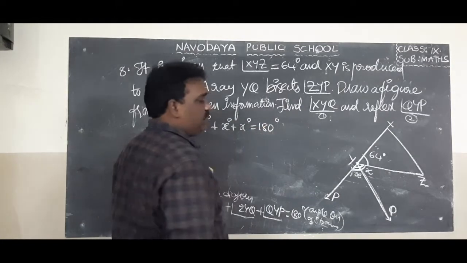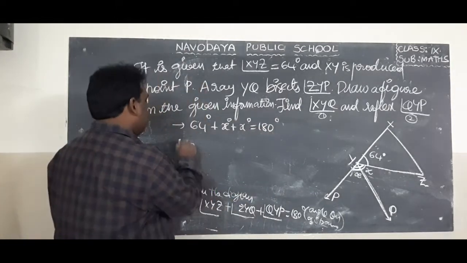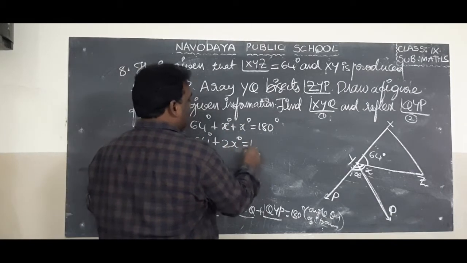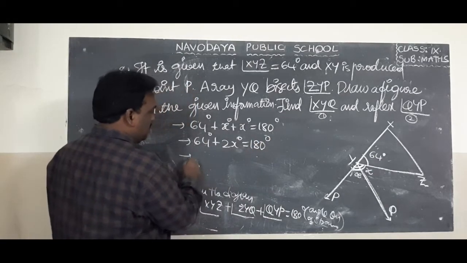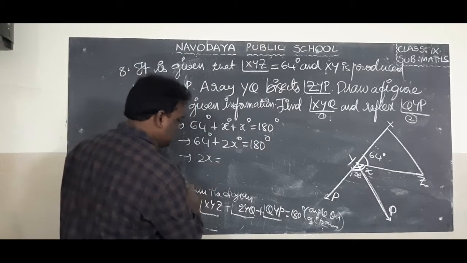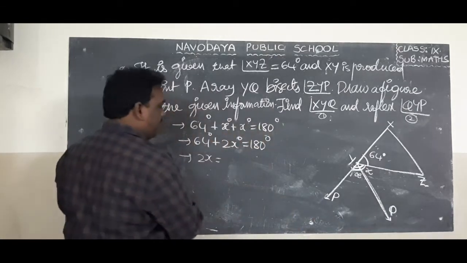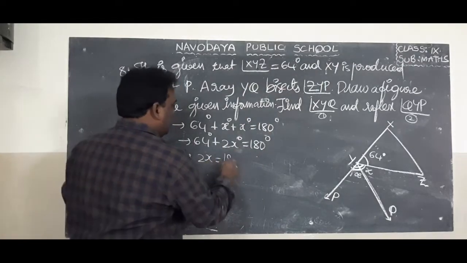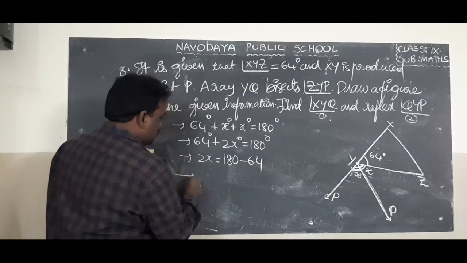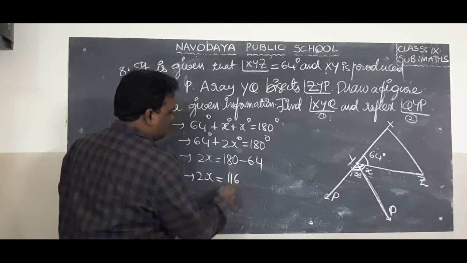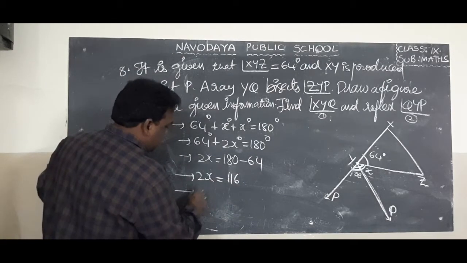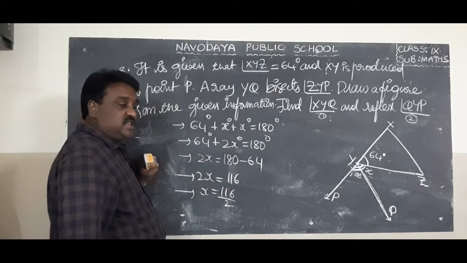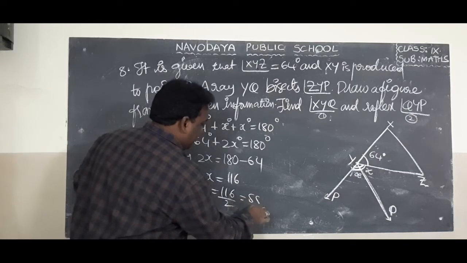Then 64, add them, 2x equal to 180. 2x equal to what do we get? 64 is moving from left to right, so 180 minus 64. 2x equal to 116. x equal to 116 by 2. So what do we get? 58.